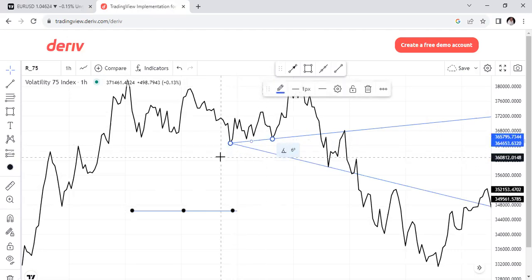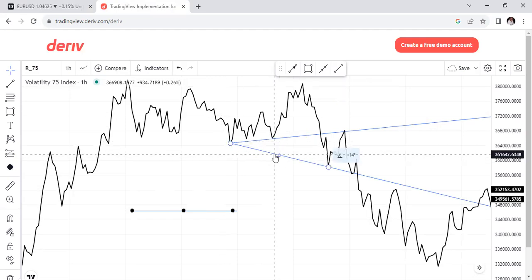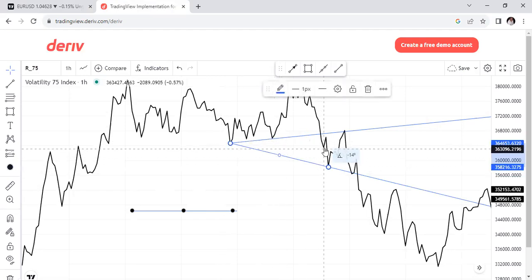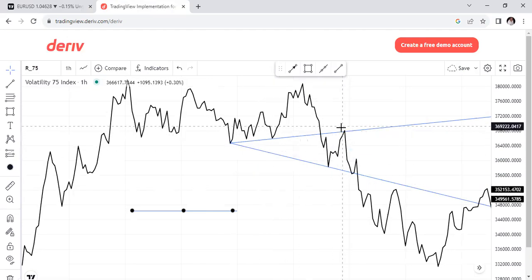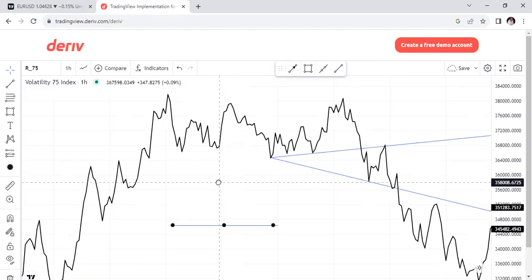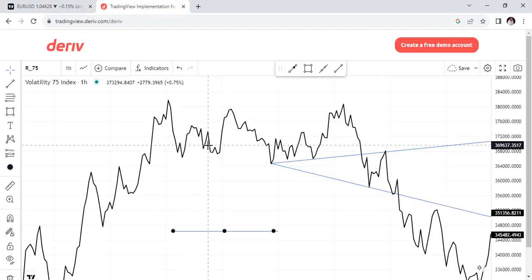It must be equally spaced, right? Equally spaced. You can see it move like this, right? Like what we have here.